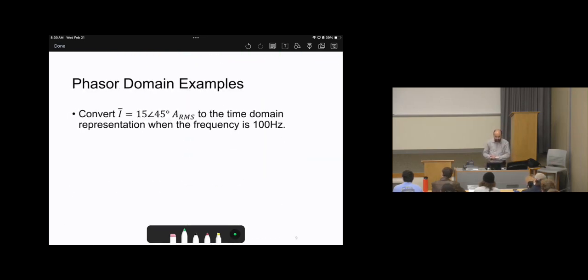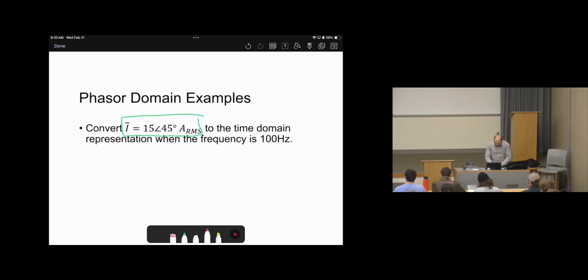How can I convert this back to time domain? Here's an example. After we did the analysis, we have this final answer in phasor domain. The question says find I of t, not I bar. What should I do? Do phasor domain inverse. As we know, I bar equals I RMS angle beta, right?